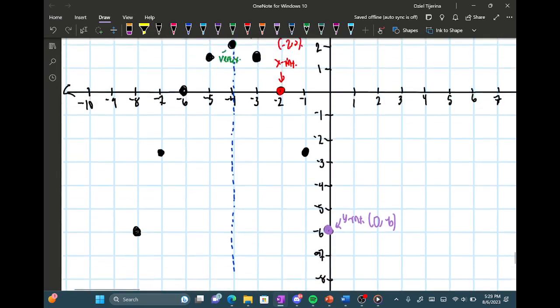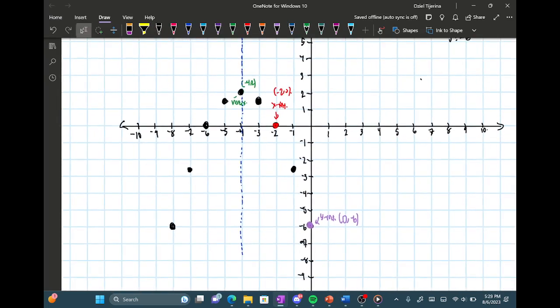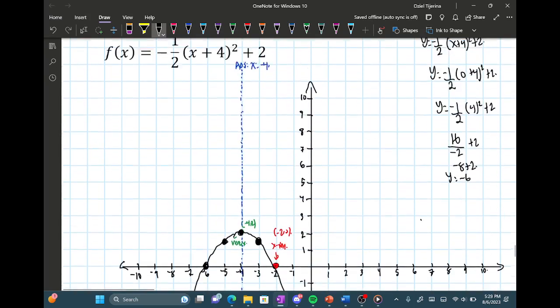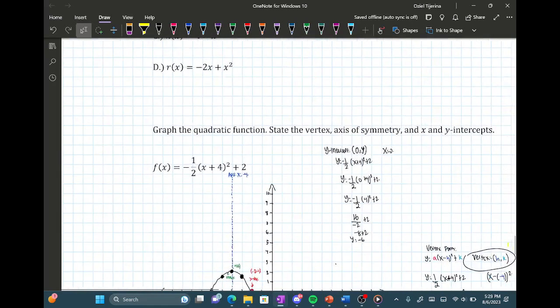So now the last thing to do, guys, is to draw your smooth curve through these points. It should kind of look like a hill, if you think about it. It's a very smooth curve like this. And so this is how you would graph this quadratic function.